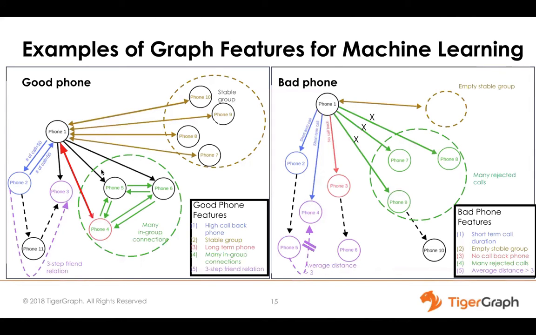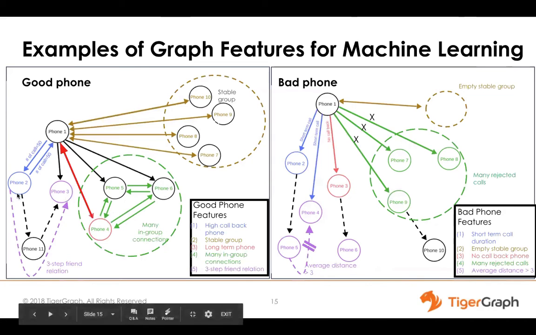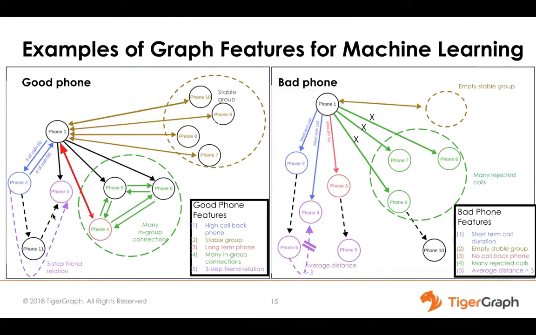Now, other things, like Victor mentioned, are the in-group connections. Good phones always call their friends, and the friends might know each other. They have very good in-group connections. Even if they don't have in-group connections, we can also look at whether they have a common friend, whether they call the same third person. All those features are not shown, or very rarely shown, on a bad phone.